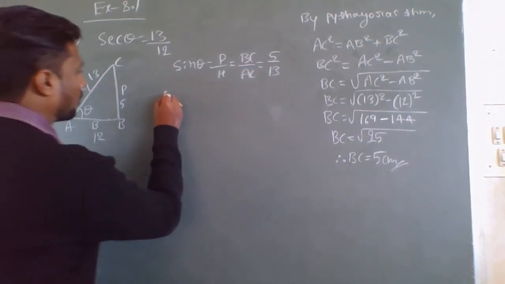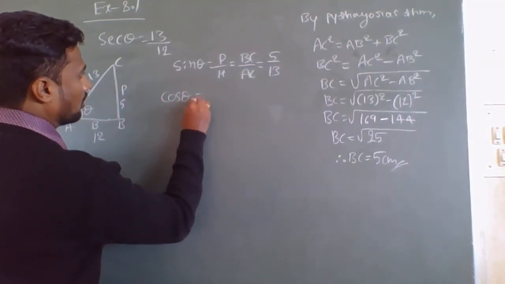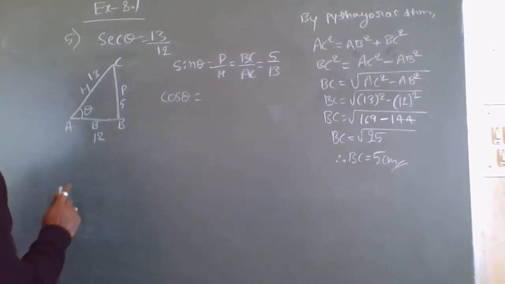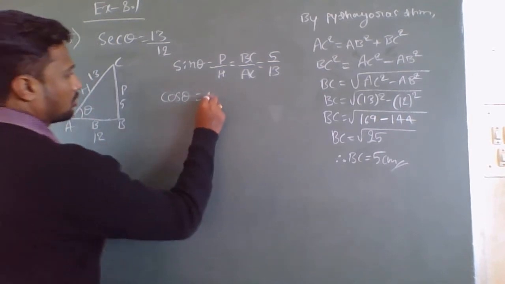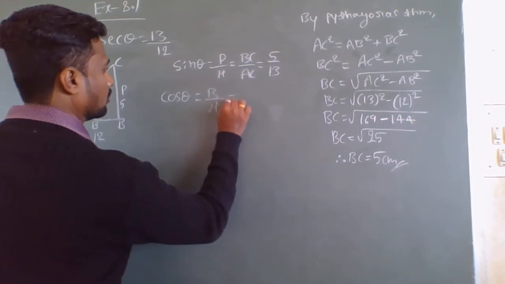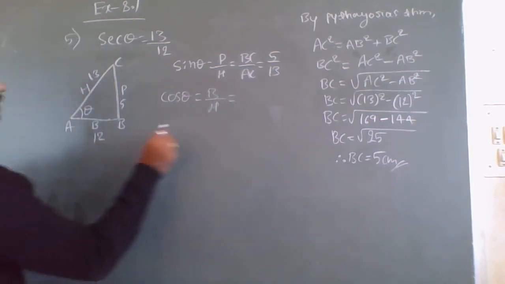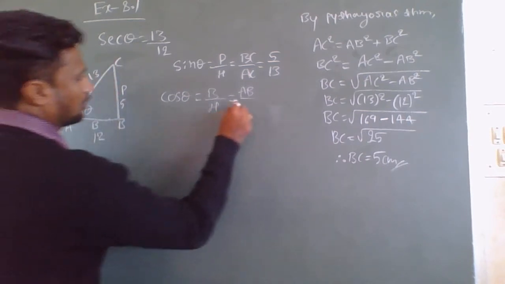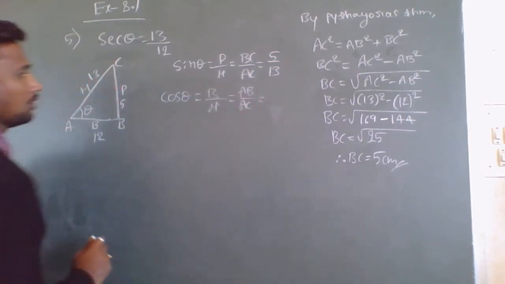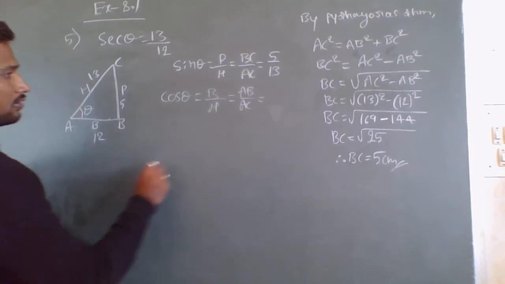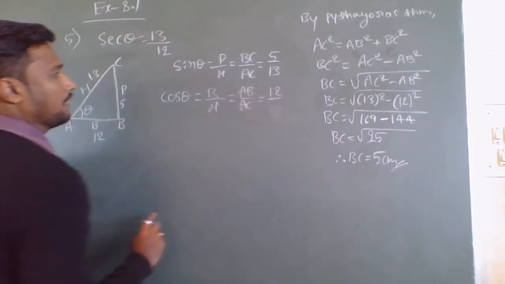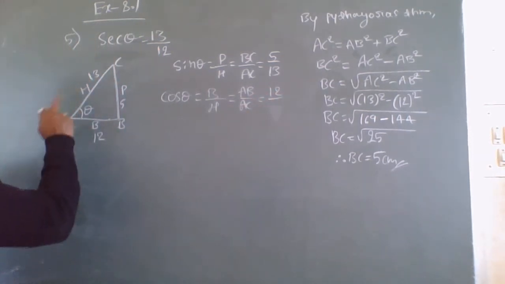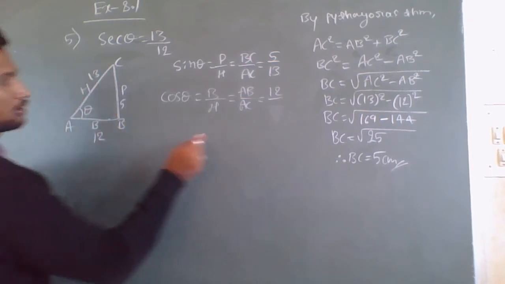Next is cos theta. Cos theta means base by hypotenuse. Base means AB, hypotenuse means AC. The length of AB is 12 centimeter and the length of AC is 13 centimeter.